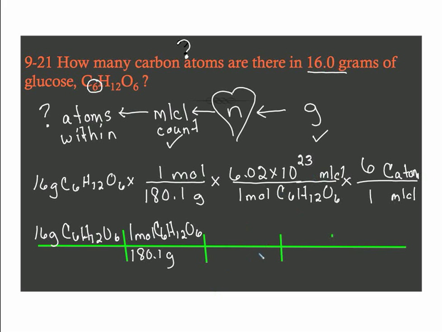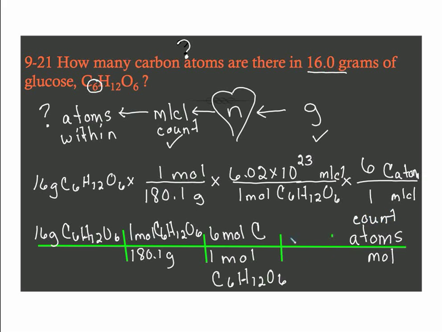Now, instead of going to molecules, I'm going to go to carbon. So for every 1 mole of my C6H12O6, I have 6 moles of carbon. Now I can eliminate moles of carbon and go to atoms of carbon. And atoms are a count.